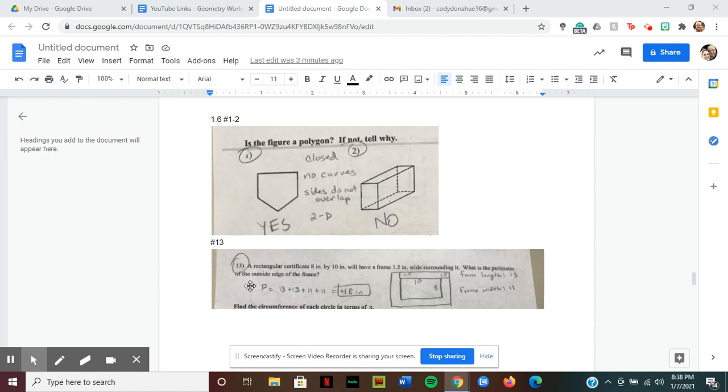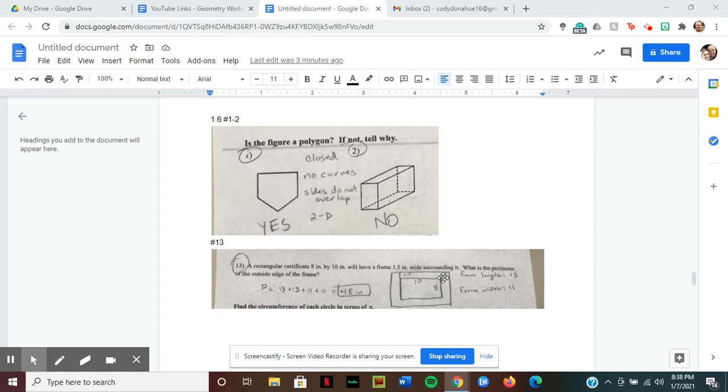But with this one, we have to be careful. We see a rectangular certificate that is 8 inches by 10 inches. So that is my small rectangle in here. I drew my small rectangle. That is my certificate. And if you think about it, it has a frame of 1.5 inch wide surrounding it. A frame goes all the way around it. So if it's 1.5 inch wide surrounding it, it's going to be 1.5 inch from each side.